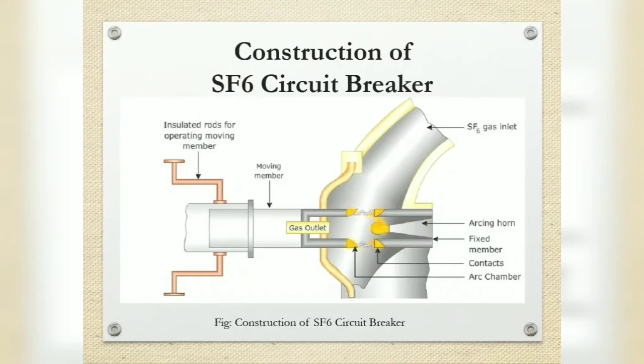The displacement of the moving contact is synchronized with the valve which lets high pressure SF6 gas into the arc chamber at a pressure of about 60 kg per centimeter square.